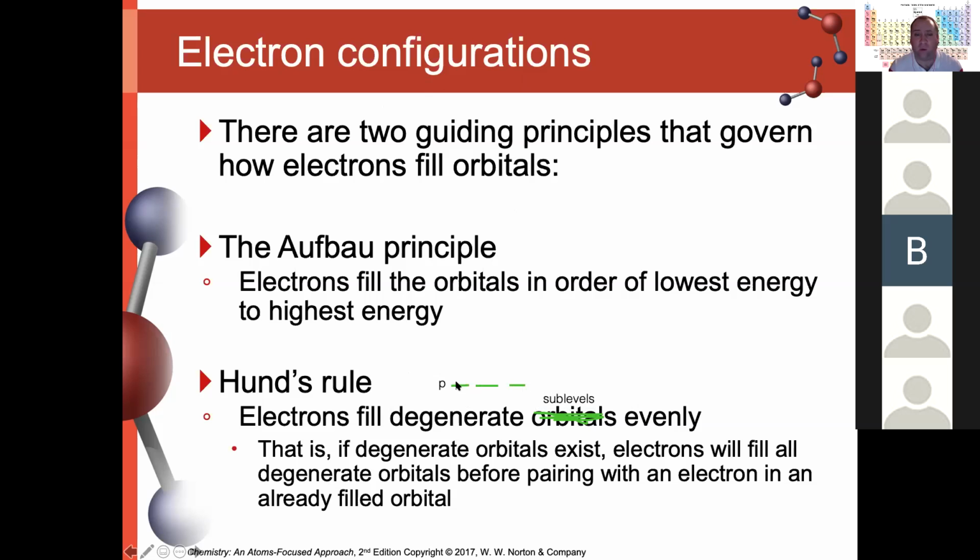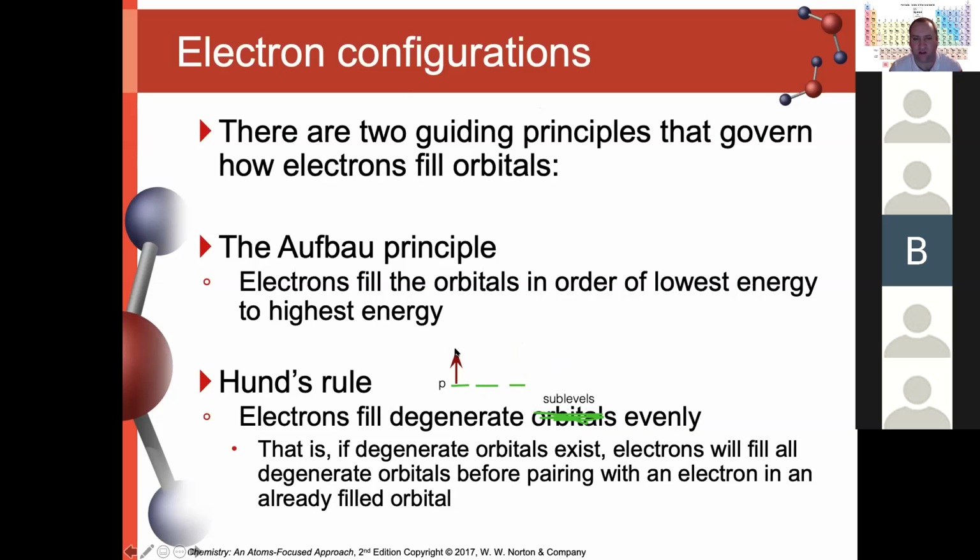And so what Hund's rule says is, to avoid repulsion, instead of pairing up electrons like this, filling one orbital in the sublevel, then the next, then the next, no, we don't do this. What we do instead is we're going to fill these evenly.